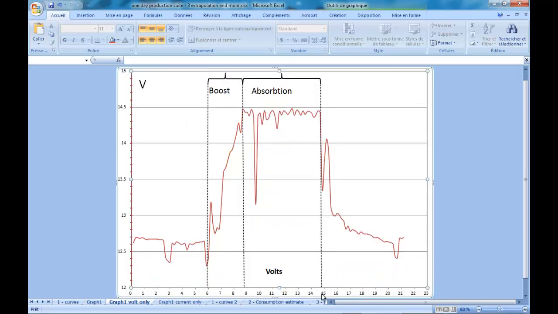If you are looking only at the voltage, you can see that we are at 12.6 when the batteries are at ease.